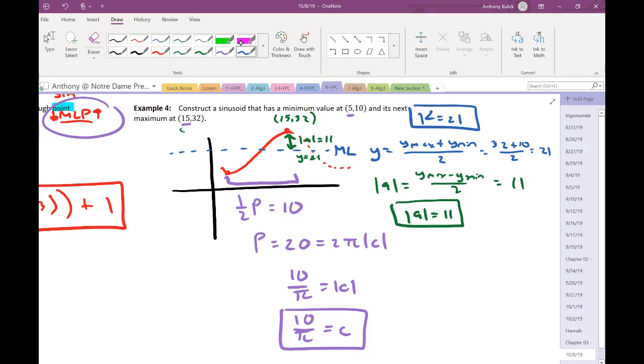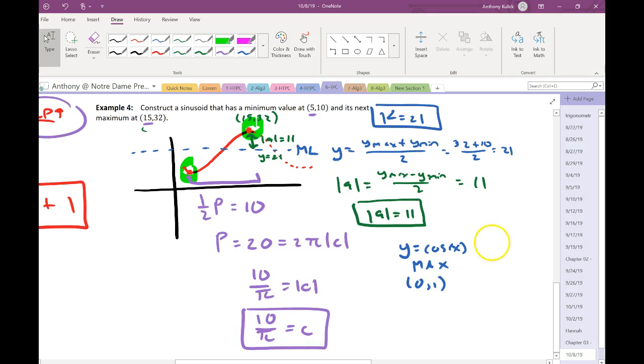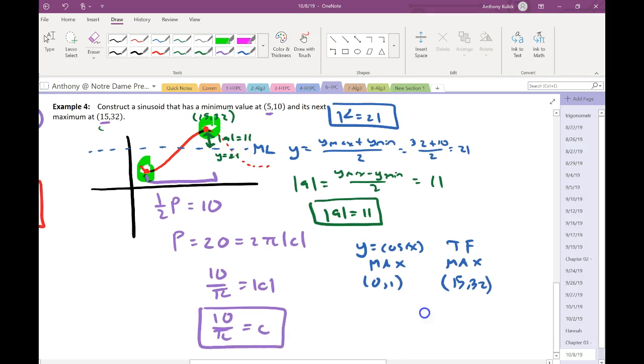Now, the last thing I need to do is figure out the sign on a and my value for h. Because I'm given maximums and minimums, the trig function I'm going to use is always going to be cosine. Because on the parent function of cosine, I know about a maximum. In my transformed function, I know about a maximum or a minimum, so I have my freedom to pick whichever one. I'm going to choose to use the maximum, but you could just as easily use the minimum.